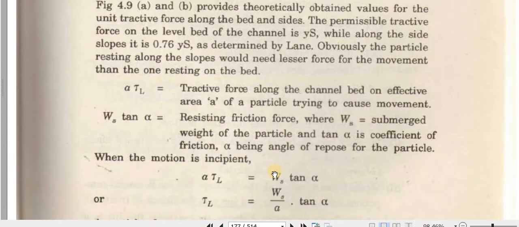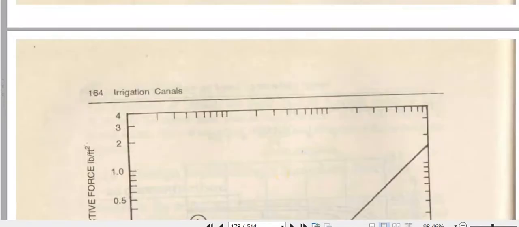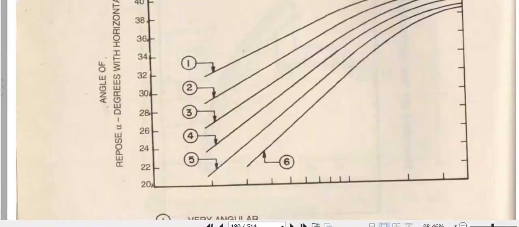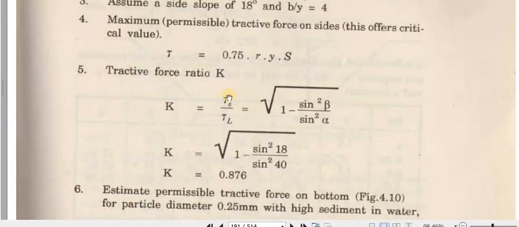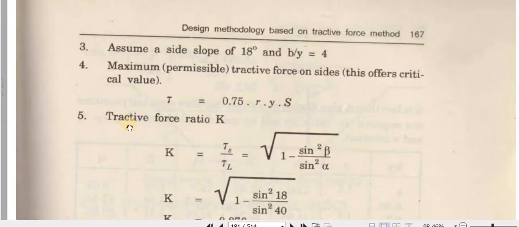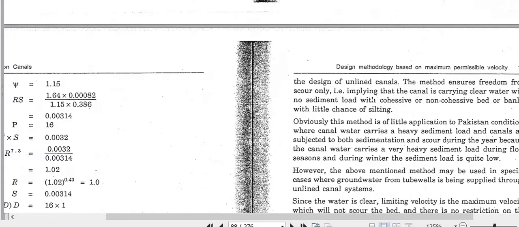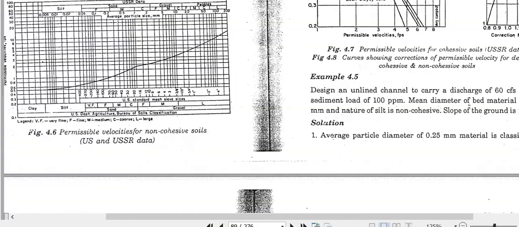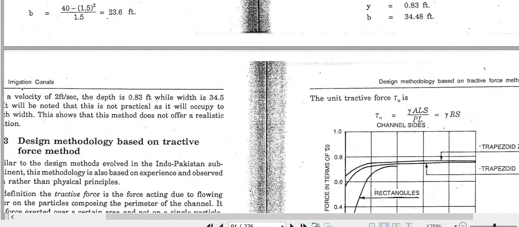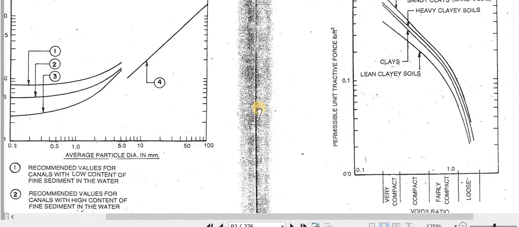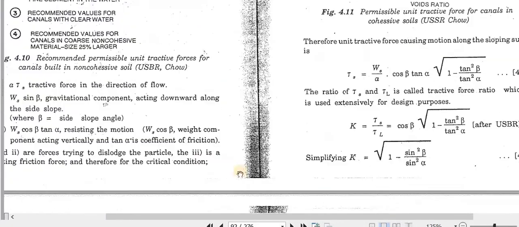We can use 0.75 or 0.76, and 0.75 gamma YS, the tractive force ratio K. So K will be used from this equation.